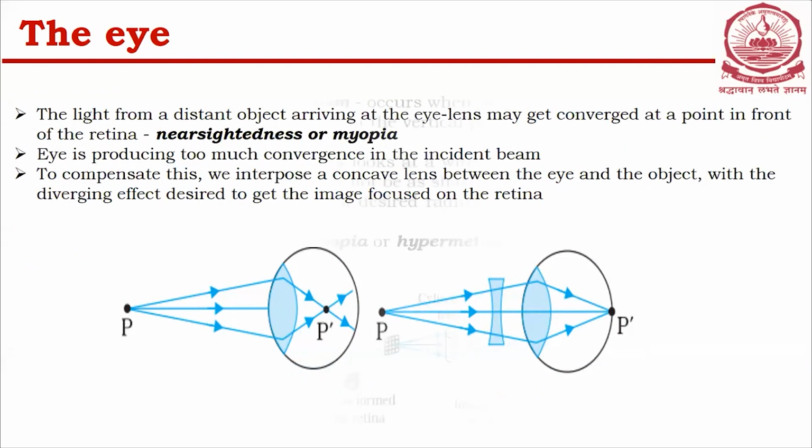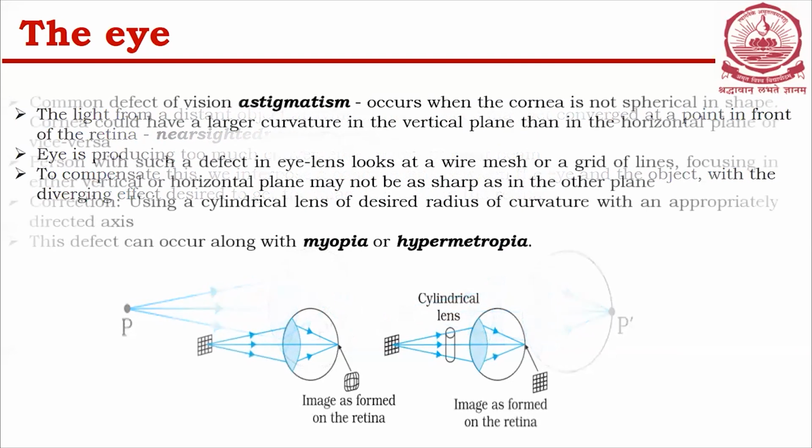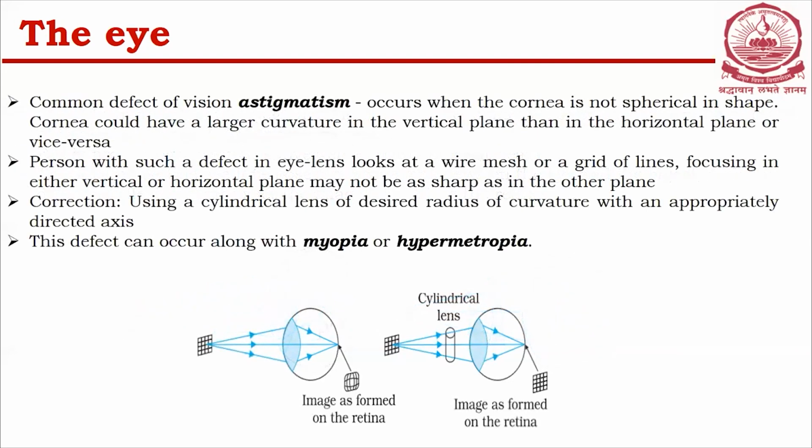So this is your eye, and there is another problem with your eye, which is astigmatism. Astigmatism occurs when the cornea is not in spherical shape. If it is not spherical, then if you are looking at a wire mesh, it will appear distorted like this. The reason is that your cornea is not spherical, it's a defect in the eye lens.